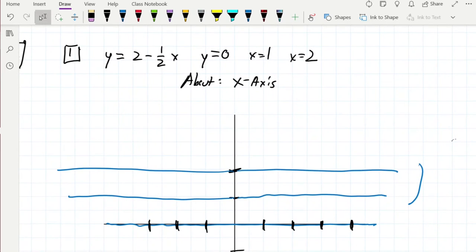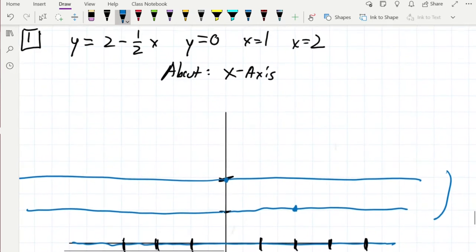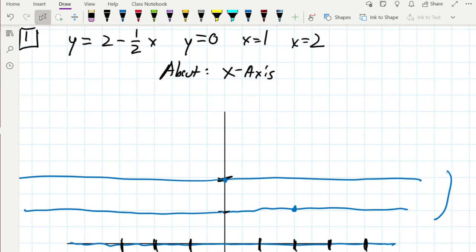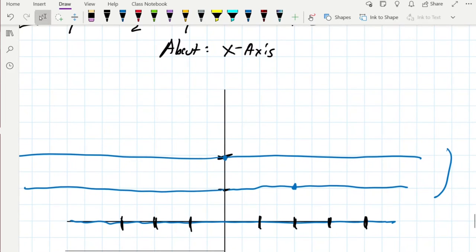So we have y equals 2 minus 1/2 x. So when x equals 2, we're going to get that y equals 1. When x equals 0, we're going to get that y equals 2. And any value above that, when x equals 4, it's going to equal there. So it's going to look like this.